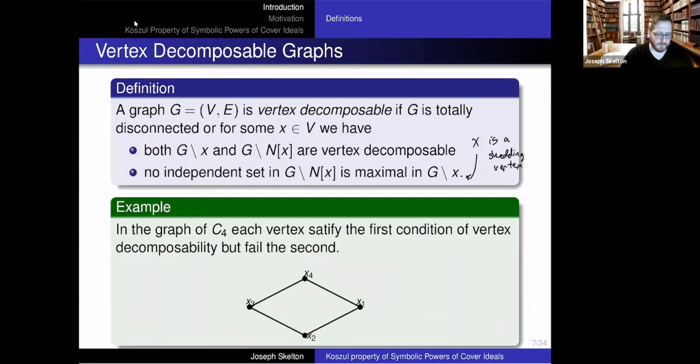The problem is the second condition. If I delete x1, I get this path, but then the neighbors consist only of x3, which is a maximal independent set in G minus x. So C4 is not a vertex decomposable graph.